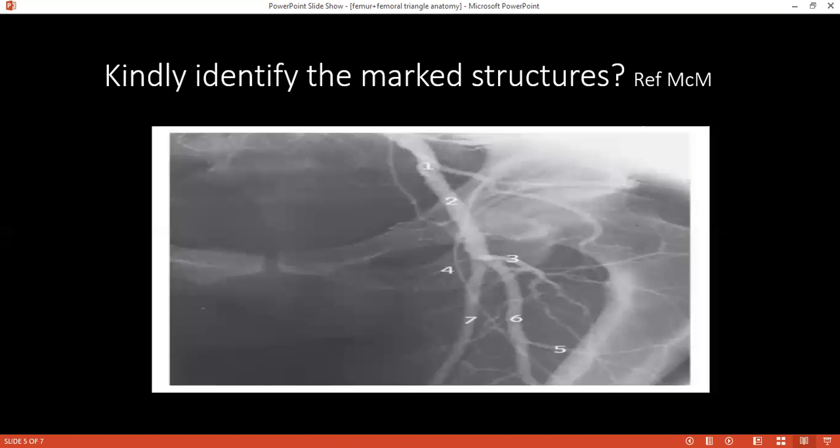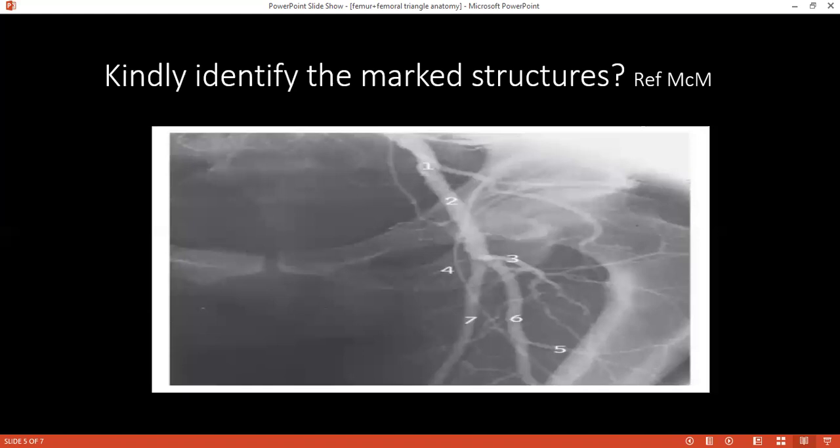Sciatic nerve injury will cause absent sensations over the lateral aspect of the thigh, and also till the hallux of the great toe.